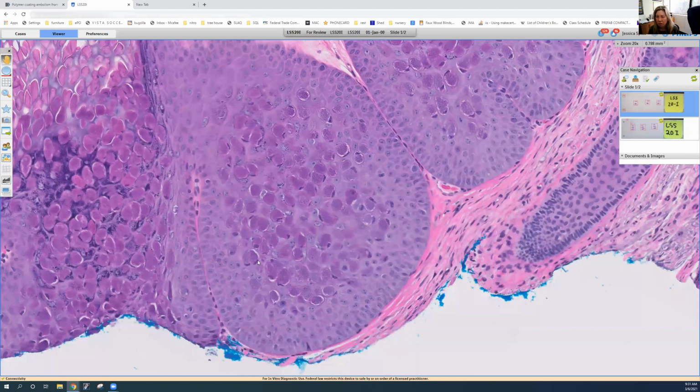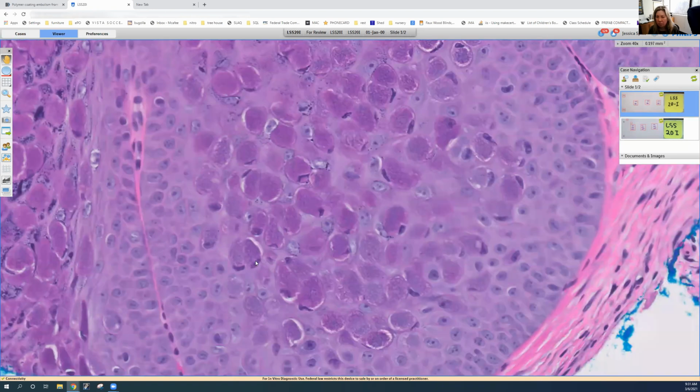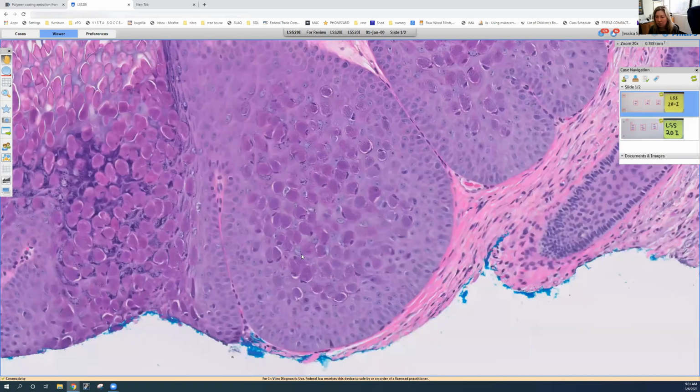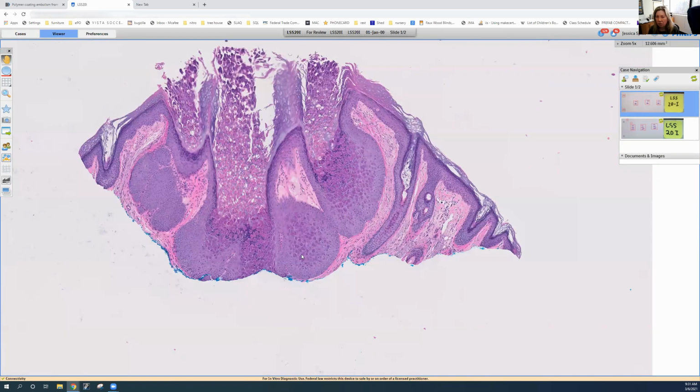You can see here it's pushed to the side of the cell, and most of the cell is made up of these cytoplasmic inclusions. As many of you have guessed already, this is molluscum, a pox virus, and pretty much nothing else looks like this. In dermatopathology, this is a low power diagnosis for the most part.